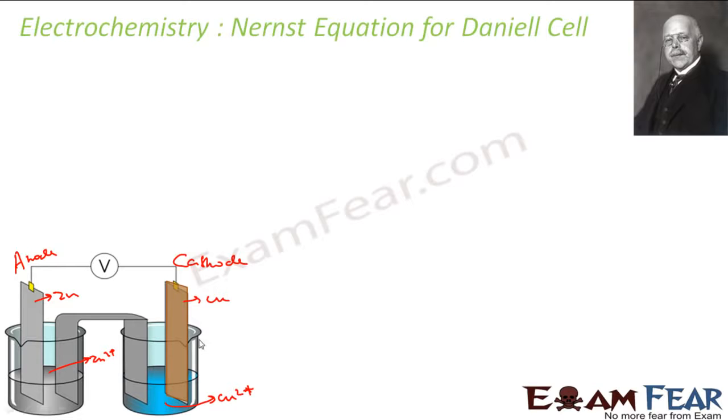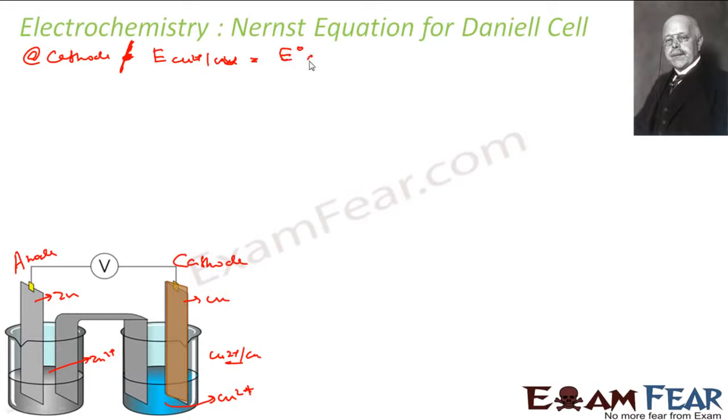We'll talk about the cathode first. At the cathode, I have reduction from Cu2+ to copper. So the reduction potential of Cu2+ to copper at any concentration is nothing but E naught cathode. This is my equation.